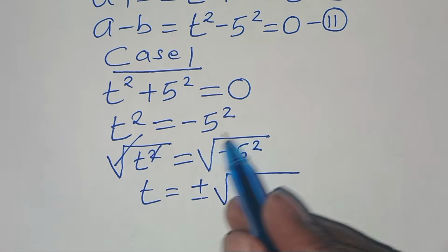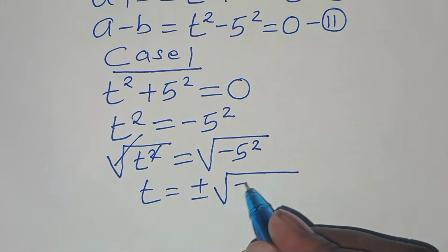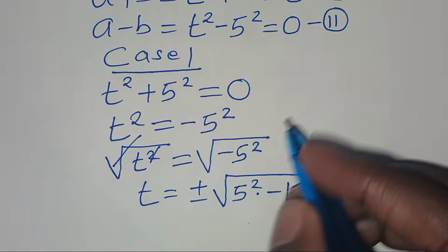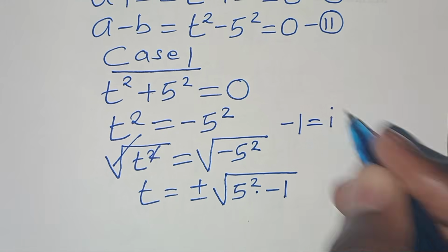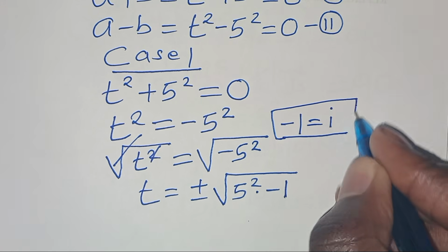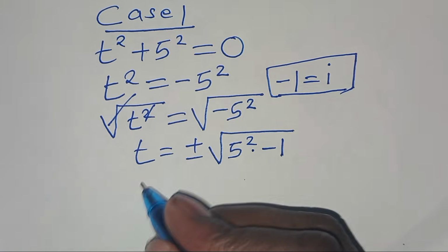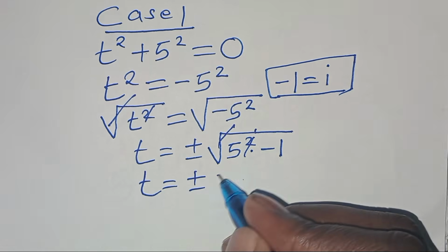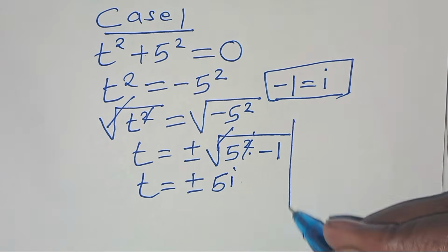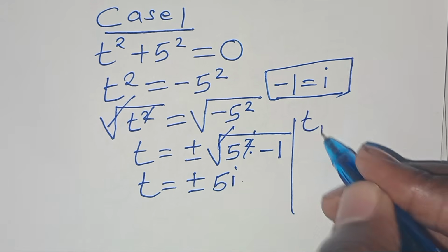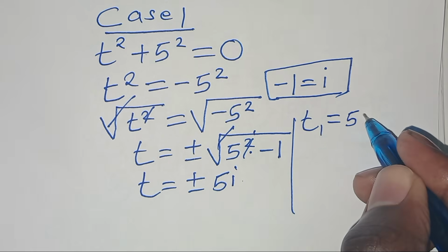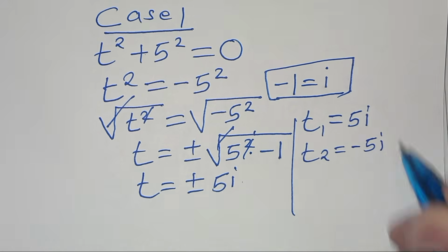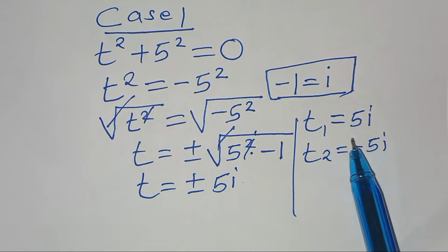Now we can express the square root of minus 5 to the power 2 as 5 to the power 2 times minus 1. Minus 1, this is the same thing as i. So we'll have t is equal to plus or minus 5i. So we have two values of t, that is t1 is equal to 5i and t2 is equal to minus 5i. So let's proceed to case 2.